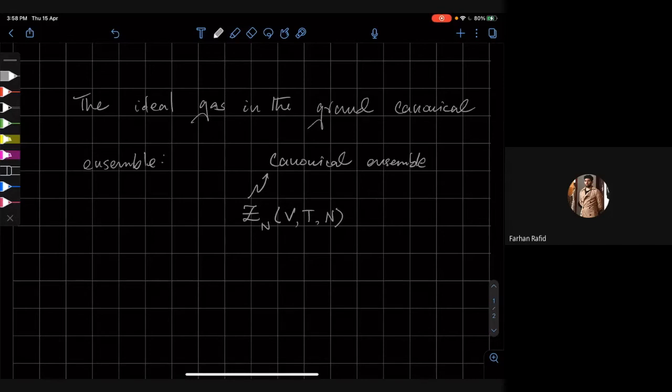To go to the grand canonical ensemble, we multiply with e to the power beta mu N, and add a constant term, so that we can write it like this. So this is the grand canonical ensemble.